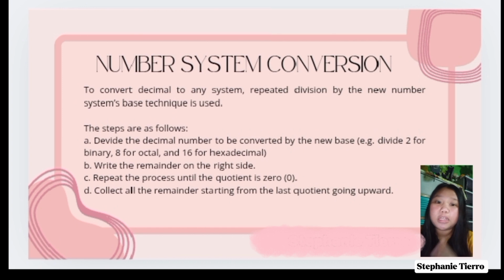So, pagka-divide natin doon sa mga base nun, ay pagka-kuha natin ng product, ilalagay natin yung remainder niya. And pagtapos nun, uulitin mo lang yung process hanggang sa maabot natin yung 0 na quotient. Tapos, pag naabot na natin yung 0, ay kukunin natin lahat ng naging remainder niya. Pero, pataas natin siya kukunin.